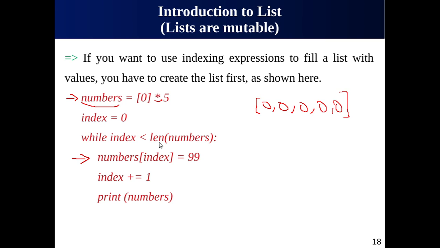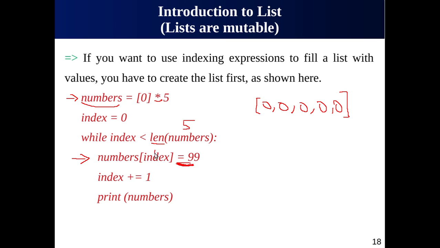We have a list of 5 elements and the elements are zeros. And then what's happening here? As long as this index value is less than the length of the list, which is another function we have already seen, which is 5 in this case. So 0 is less than 5. Yes, the condition is true. What will happen here? This is the change that we want to do.